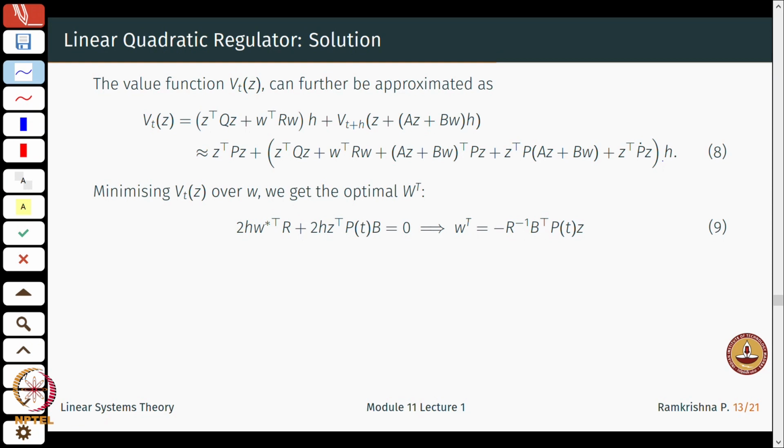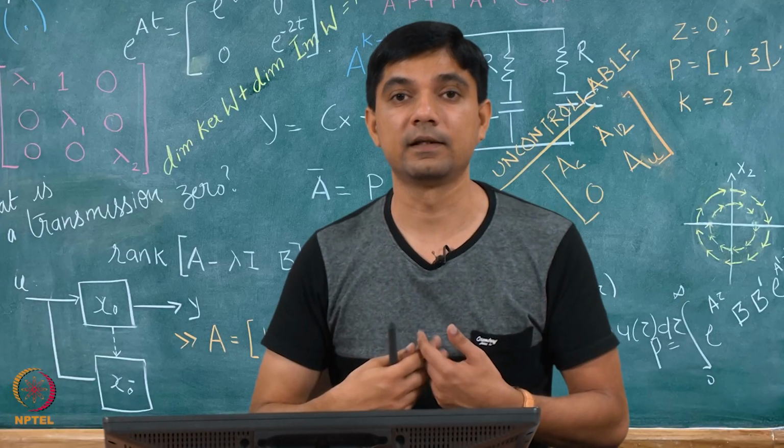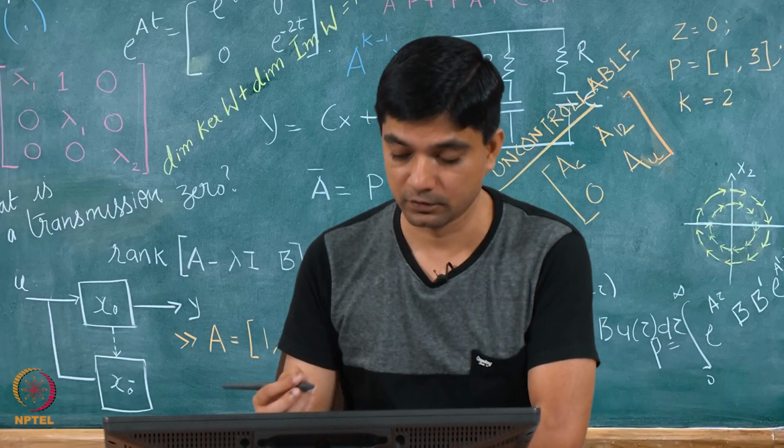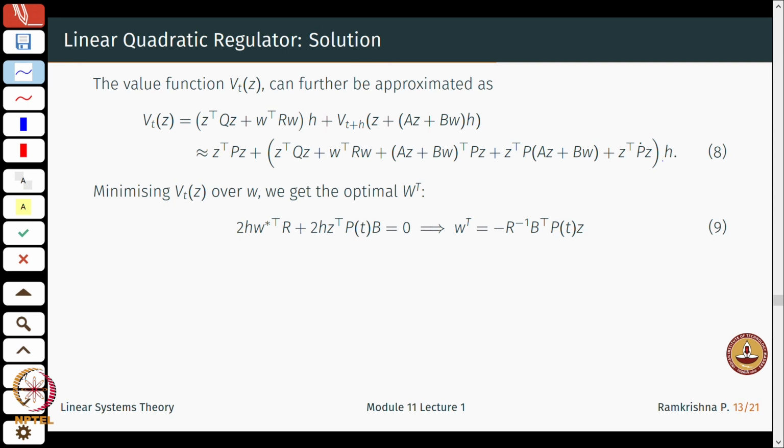Now, we want to minimize this cost function over what? We want to find the minimum u. So, I am looking at minimizing it over w, so I get the optimal w. Just a function in one variable which I want to minimize.